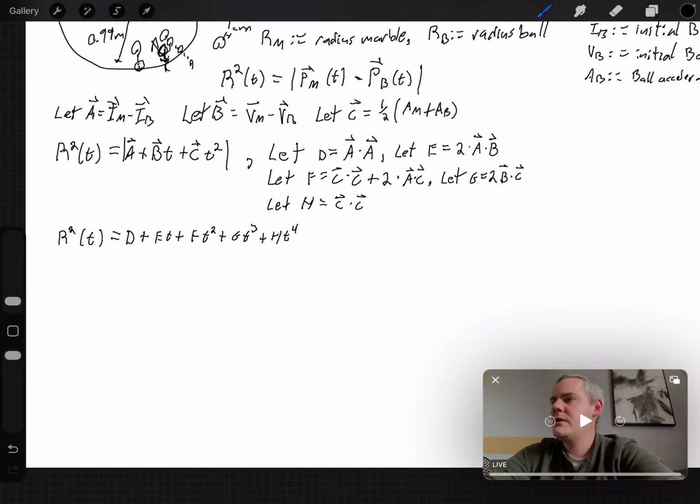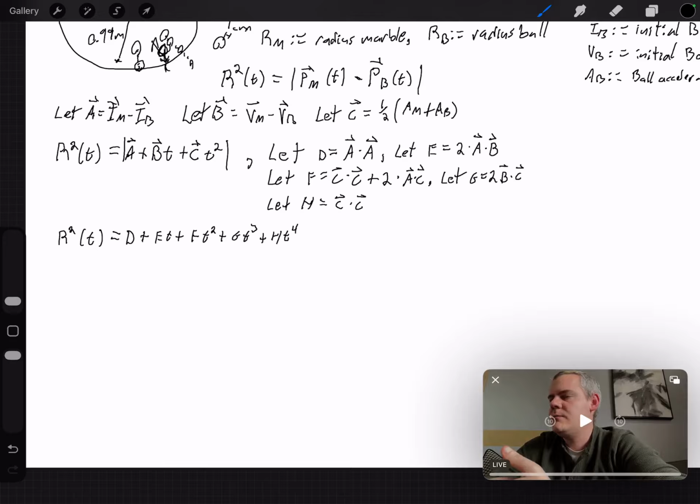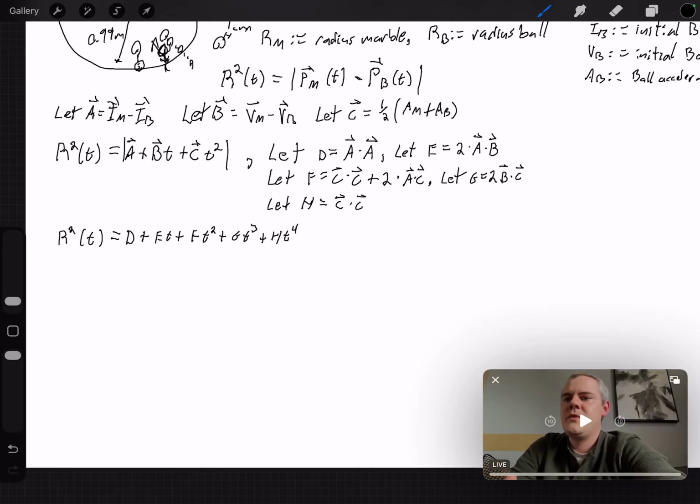I'll get into plugging in the numbers from my breakpoints. I print the marble position and the ball position, and I print the marble radius and the ball radius and the velocities and accelerations. And what I'll do is see why my code's not working.